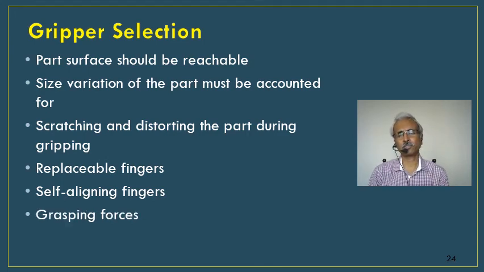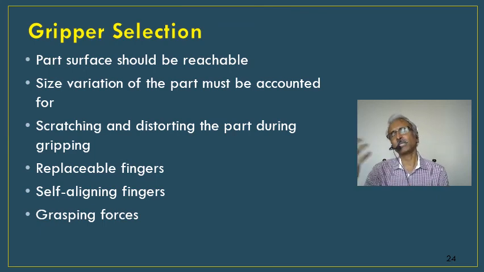Grasping forces. Of course, two things: one, the actuating mechanism, the design. Whether you use electric or pneumatic, whatever it be, your gripper should be able to apply the required or sufficient grasping force on the component, especially when a robot works on fast pick and place or fast cycles.